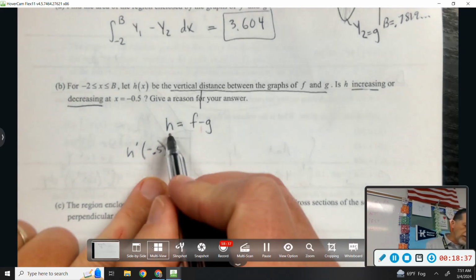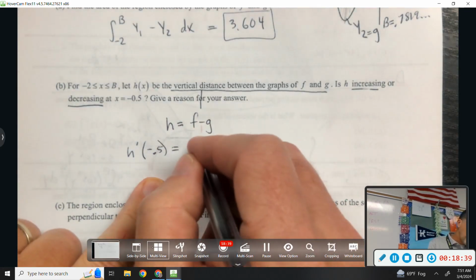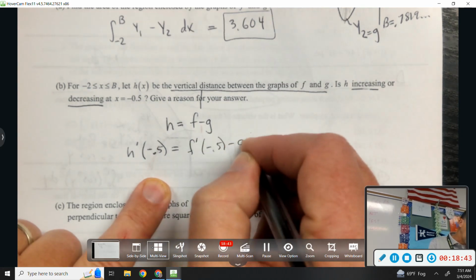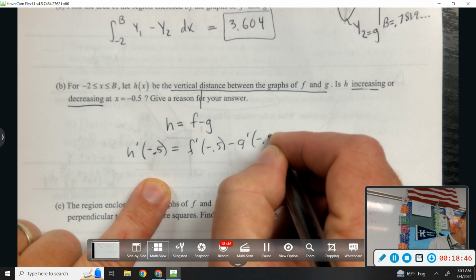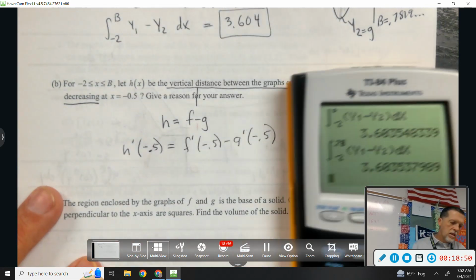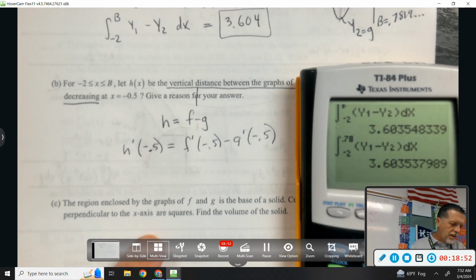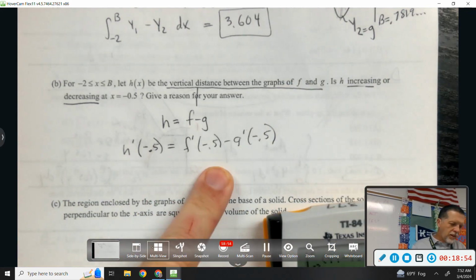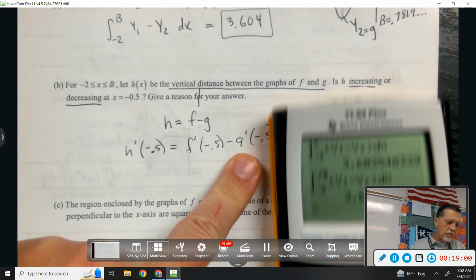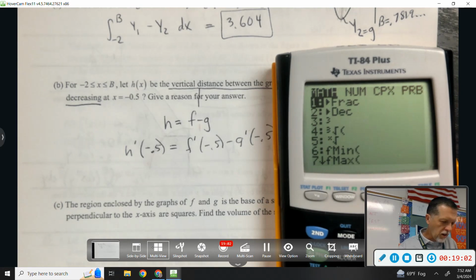So I want to take the derivative of h, and that's just the derivative of f minus the derivative of g at -0.5. I could go to the calculator and make y3 equals y1 minus y2. That seems a little overkill. I think I'm just going to go math 8.